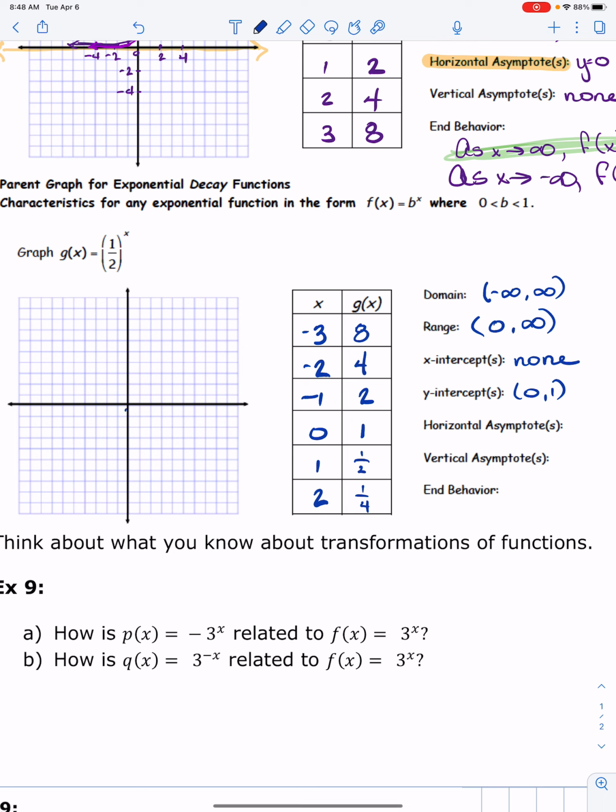So let's go ahead and graph this. I got -3, 8. I got -2, 4. -1, 2. 0, 1. 1, 1/2. 2, 1/4.